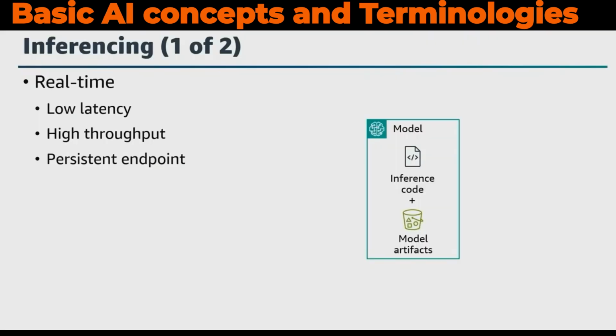For real time inferencing, your model is deployed on a persistent endpoint to handle a sustained flow of requests. Clients send input data to the model and receive back an inference very quickly.